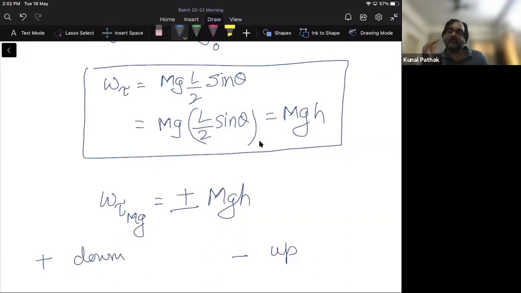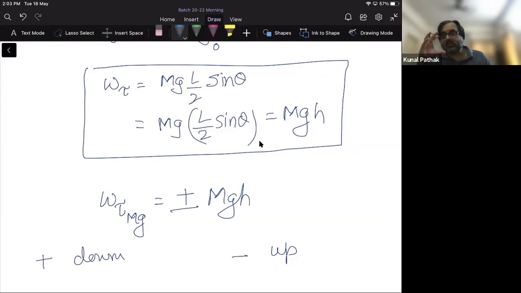So if you see that there is a rigid body which is rotating, meaning a point is fixed somewhere, and it is rotating under the influence of gravity, then you forget about work done by torque, you forget about integration and everything.